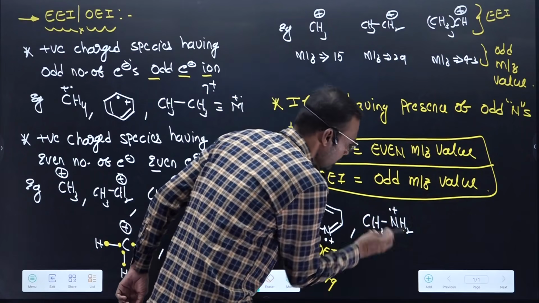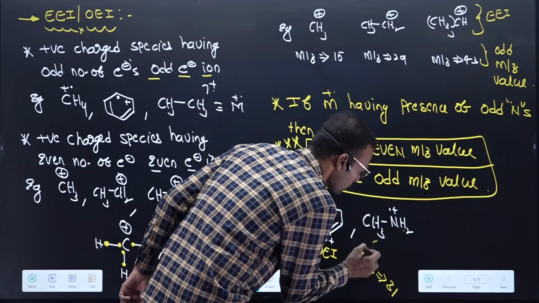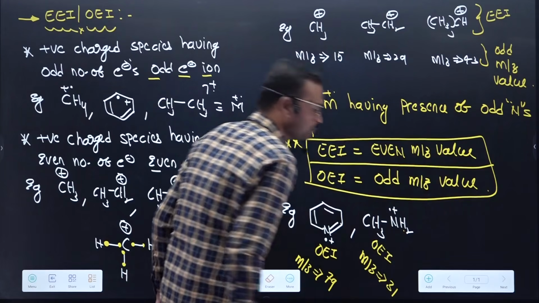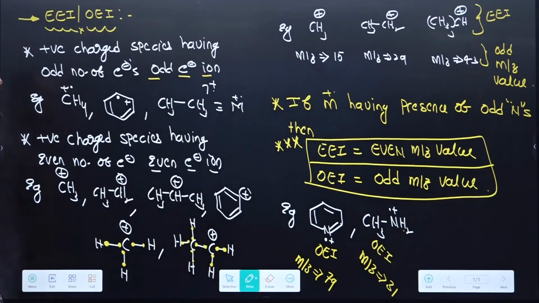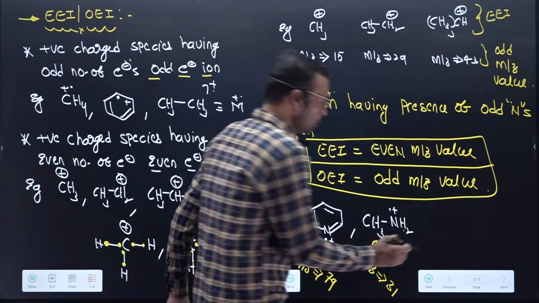So the m/z value is 31, but only one independent electron is present, so it is an odd electron ion. If only one electron is not participating, that is called an odd electron ion.